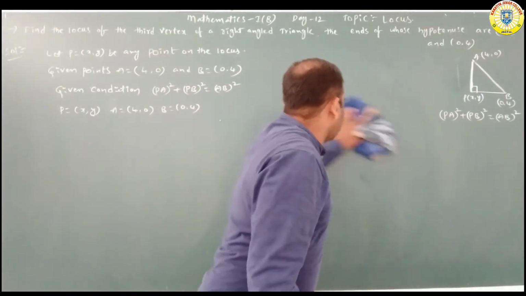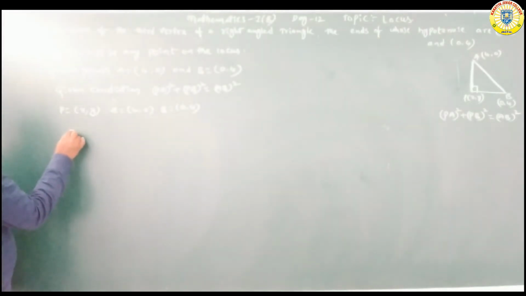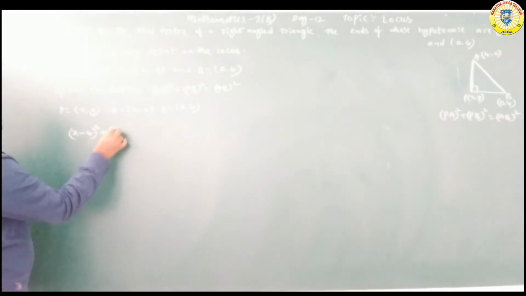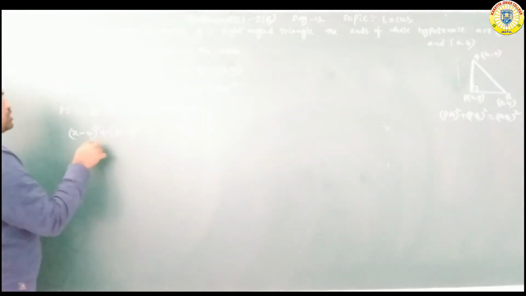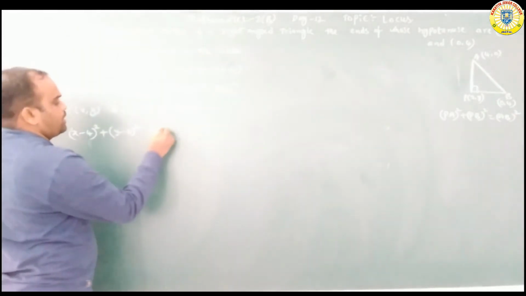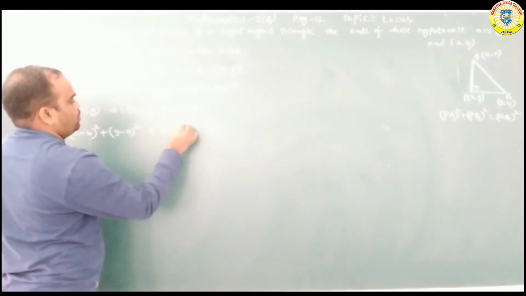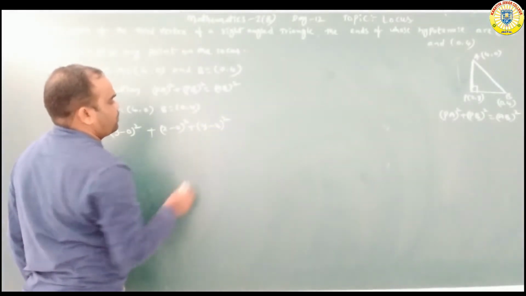So that's why here we are substituting PA square is equal to (x minus 4) whole square plus (y minus 0) whole square. PB square is (x minus 0) whole square plus (y minus 4) whole square.